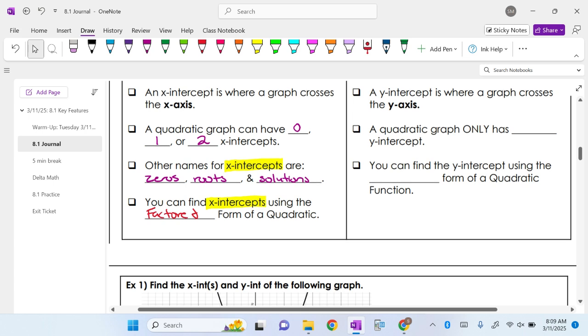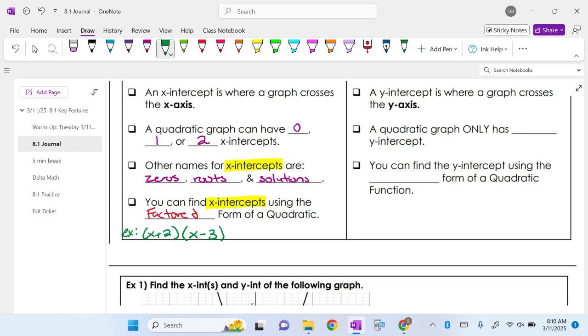The way that works is with factored form. So just a quick example, let's say I had x plus 2 times x minus 3. That's my quadratic function in factored form.